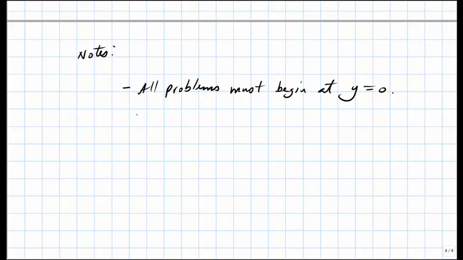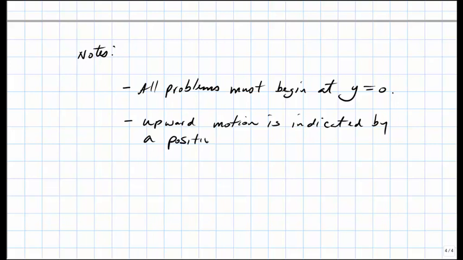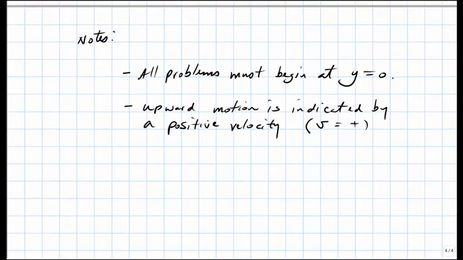The next note states that upward motion is indicated by a positive velocity. In other words, v equals positive whenever the object is moving upward.